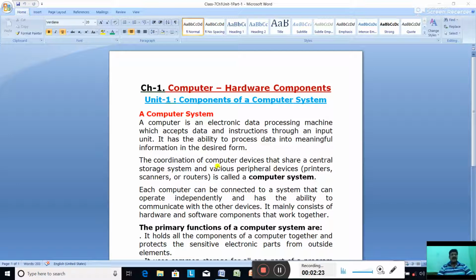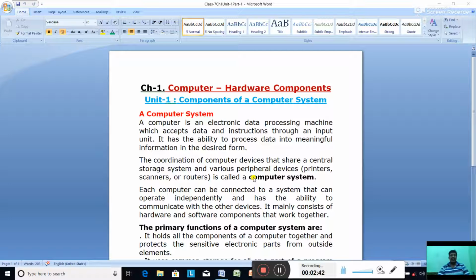The coordination of computer devices that share a central storage system and various peripheral devices. Peripheral devices means things like printers, scanners or routers. The input output devices are also called peripheral devices.